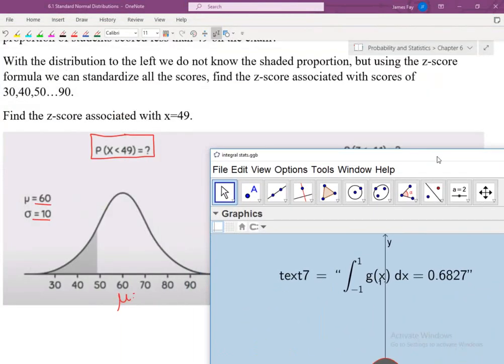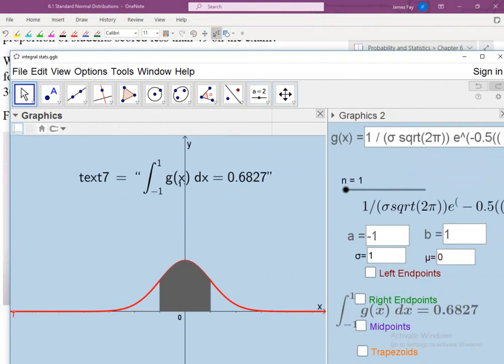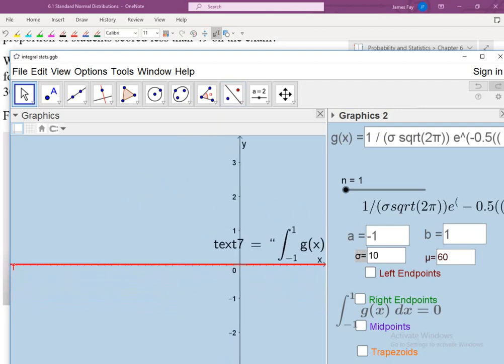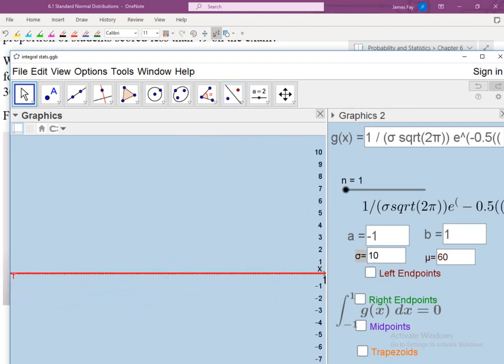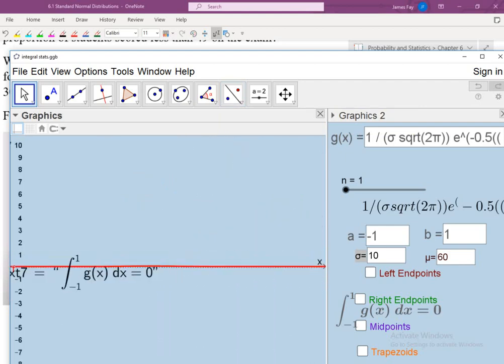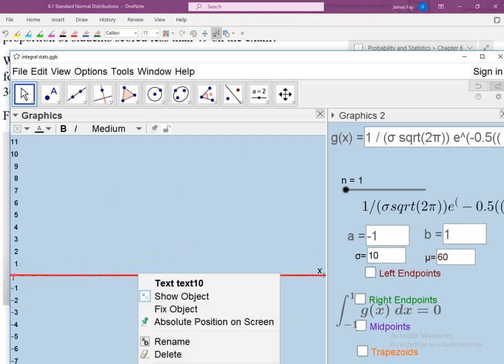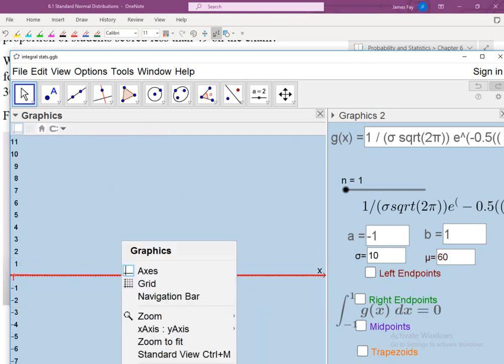We can try this. So the mean was 60. Sigma is 10. So that is going to move this thing. Let's see what my axes are.